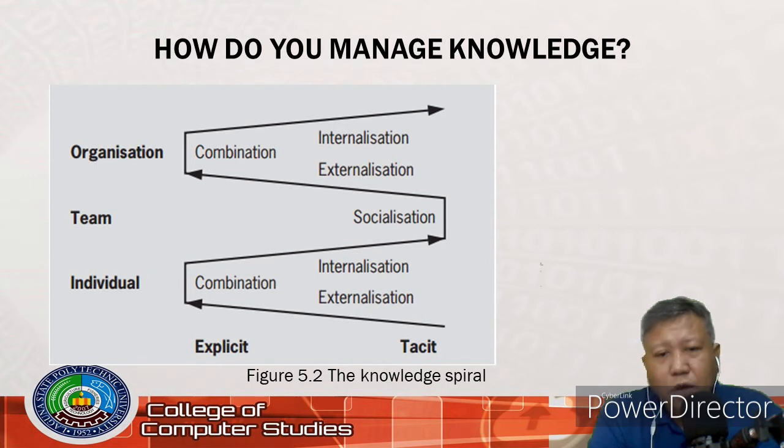So, ito sa figure 5.2, the knowledge spiral. So, paano yung tacit magiging explicit? And then from individual, magiging team knowledge, magiging organizational knowledge. Yan. So, yan yung knowledge spiral. Paano na-develop from individual to organizational.